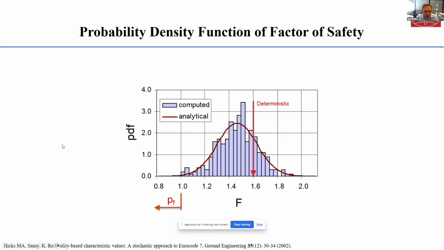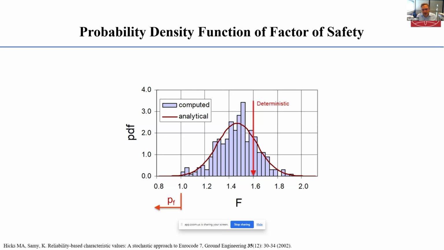Now, another thing we can show on here is the probability of failure. The probability of failure is the area underneath the probability density function for values of factor of safety less than 1. And of course, the reliability is the area underneath the probability distribution for factors of safety greater than 1.